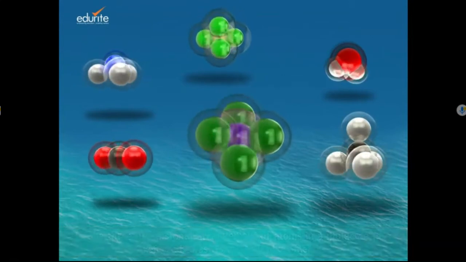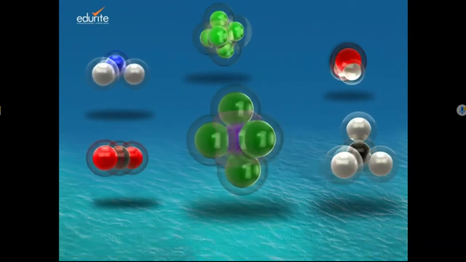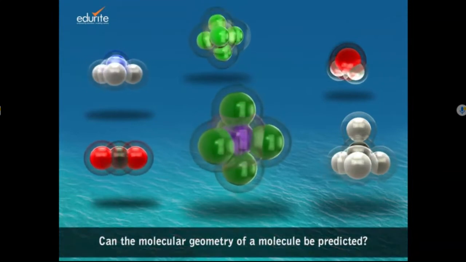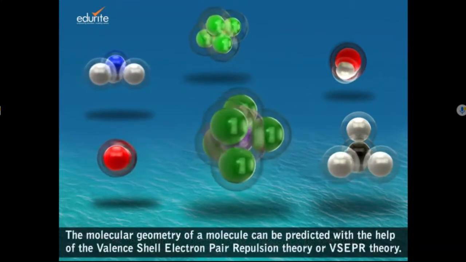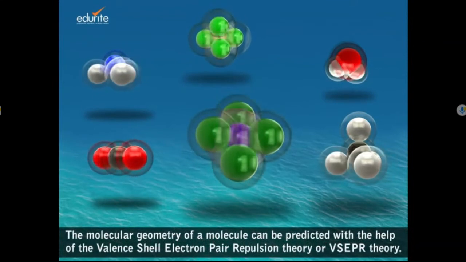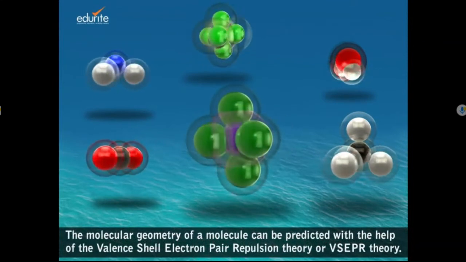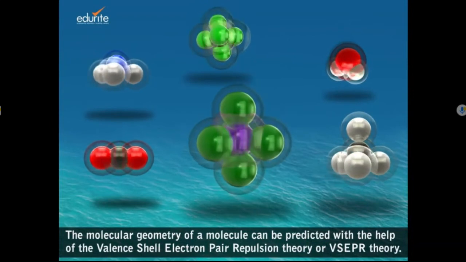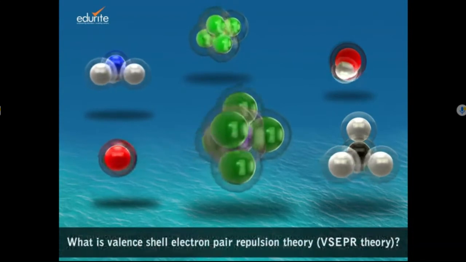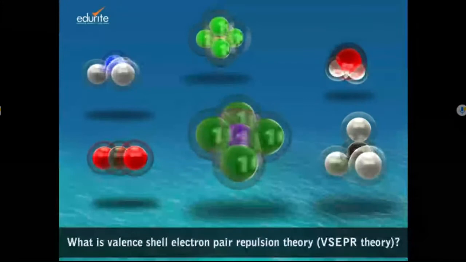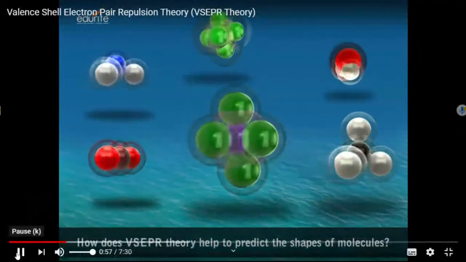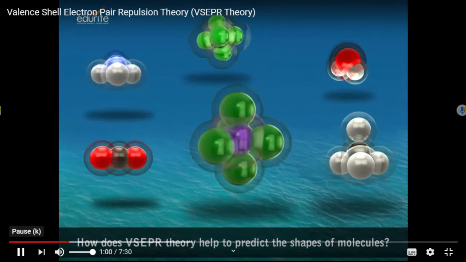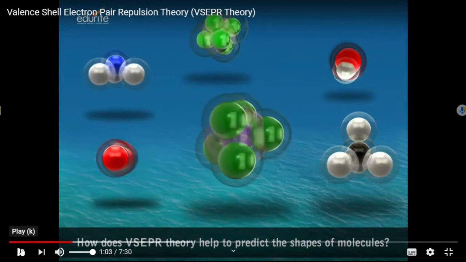Many properties of a substance can be attributed to its molecular geometry. Can the molecular geometry of a molecule be predicted? Yes, the molecular geometry of a molecule can be predicted with the help of the valence shell electron pair repulsion theory, or VSEPR theory. What is valence shell electron pair repulsion theory? How does it help to predict the shapes of the molecules? Come, let's learn about the VSEPR theory.